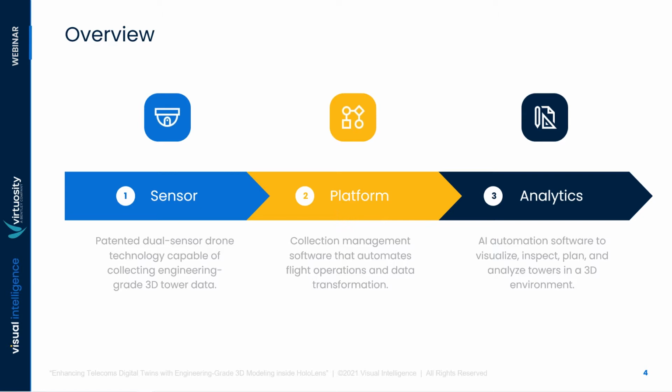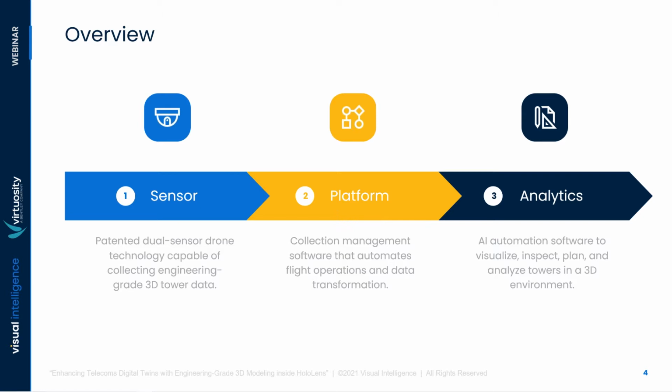In essence, what Visual Intelligence has is a patented dual sensor. It is a revolutionary tool that gets us to justifiable full 100% coverage, millimeter precision, engineering-grade data from capturing a tower. Then we have the platform, the auto-navigation flight process that enables the flight plans to be captured to a high standard, and to combine those images and transfer them from anywhere in the world, a scalable solution, back to the processing house, where we do a lot of pre-processing to make sure the accuracy levels are there.